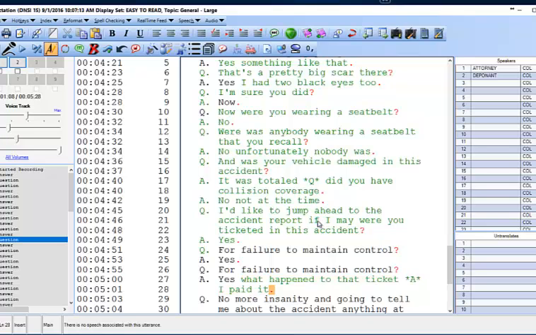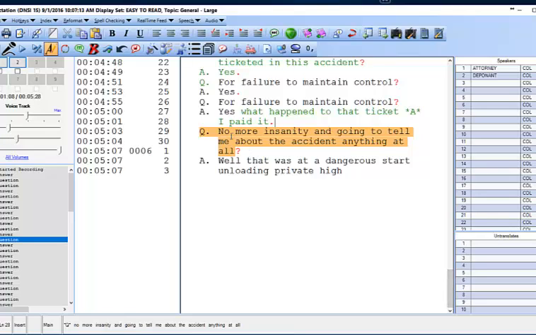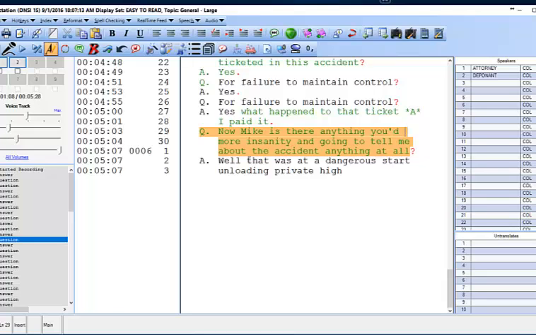Hugo: Now Mark, is there anything you'd like to tell me about the accident? Anything at all?